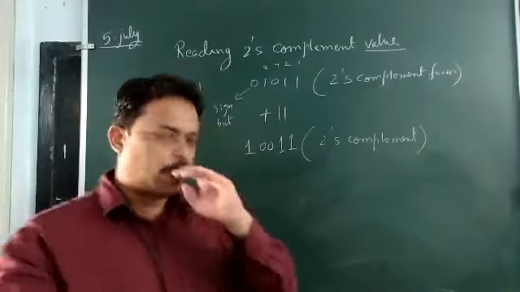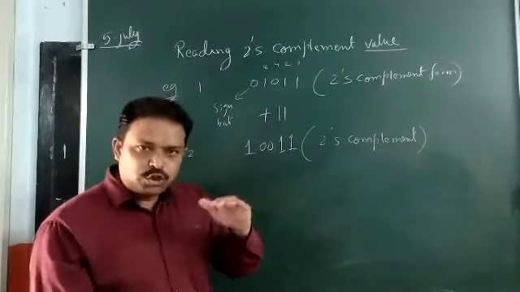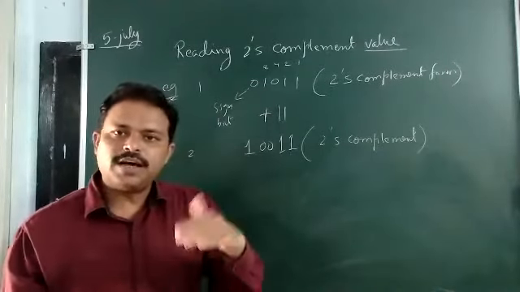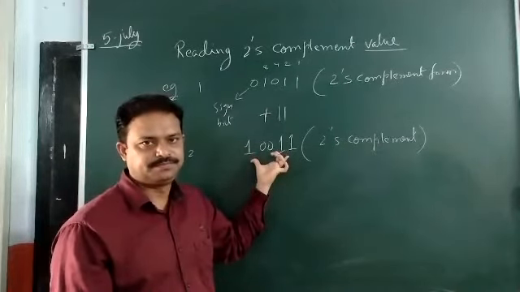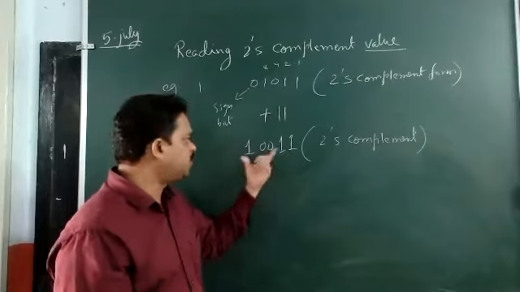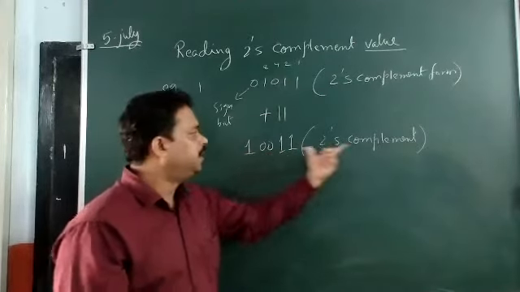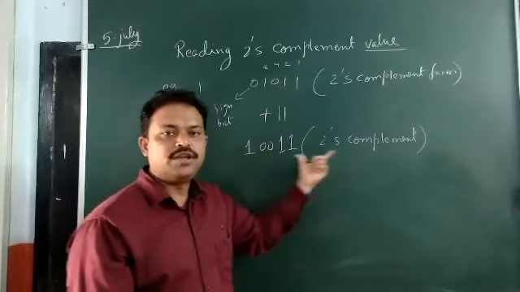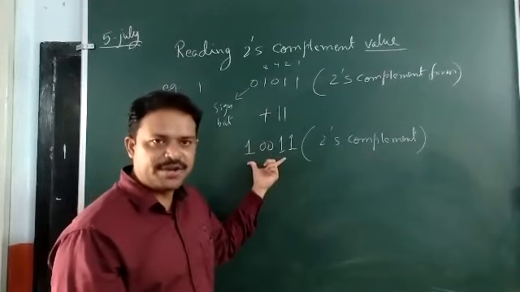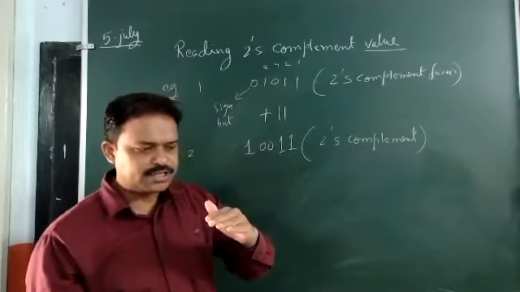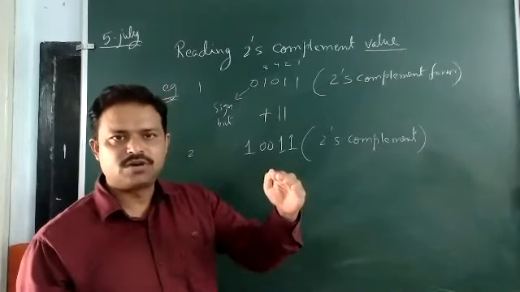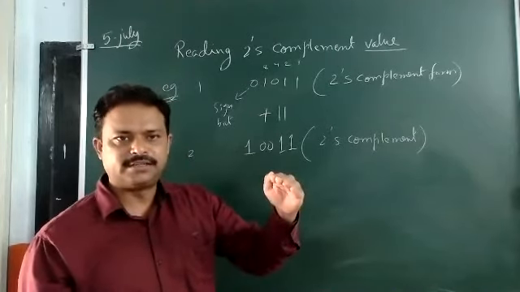Now, just do the reverse to read this value. Suppose any binary value is given to you in 2's complement form. If you want to read which value it is, just do the reverse of the method.